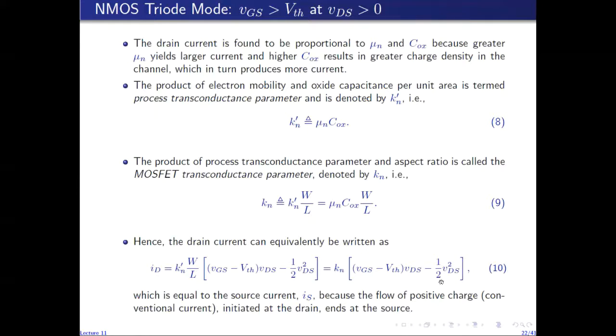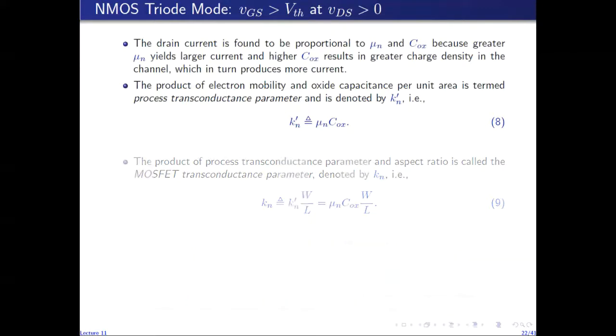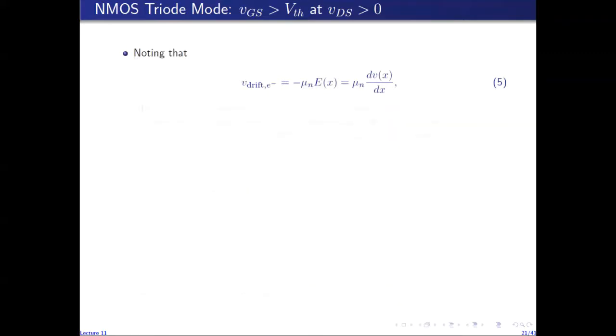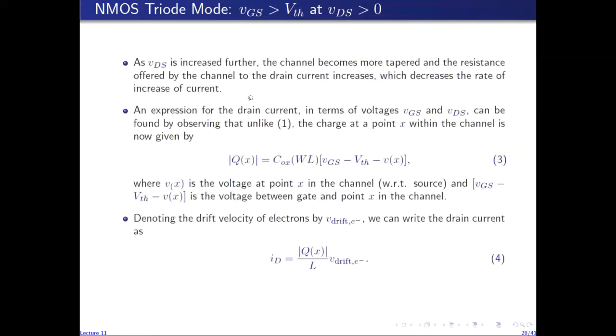And this actually reflects the idea that I discussed before, that with increasing VDS, the channel becomes more tapered, and the resistance offered by the channel to the drain current increases.